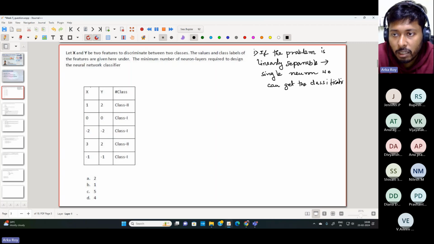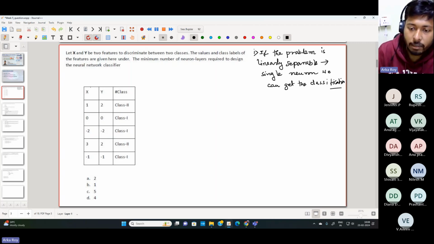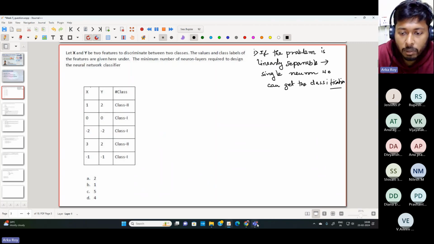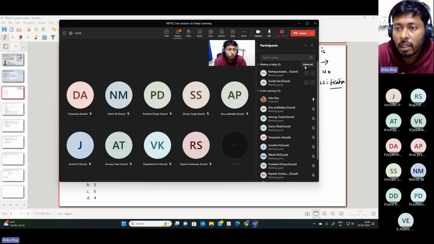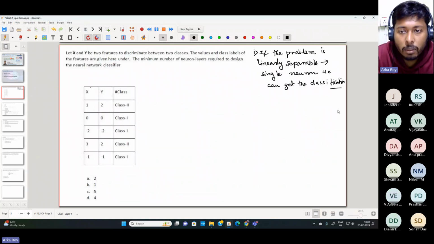This is the main assumption. And if the problem is non-linearly separable, that means you cannot put a line to distinguish the classes. For those kind of cases, you need to go for multi-layer neural network concept or multi-layer perceptron.